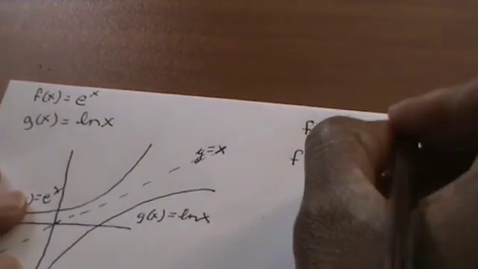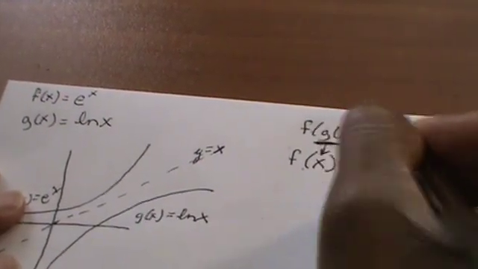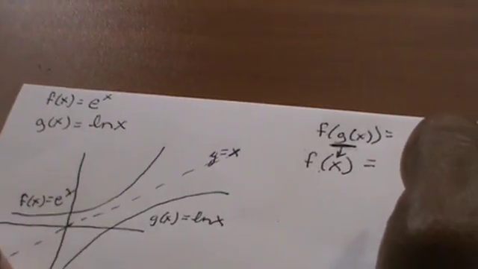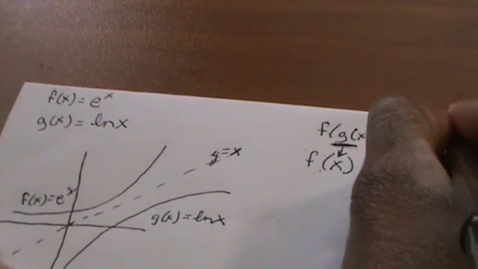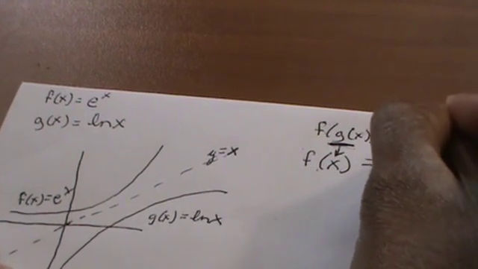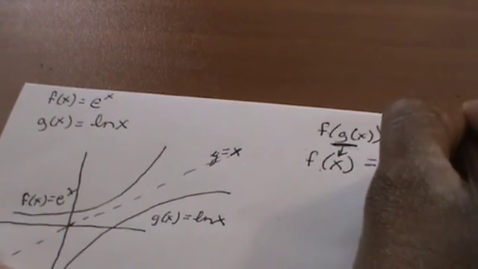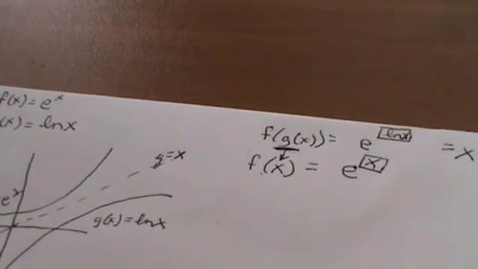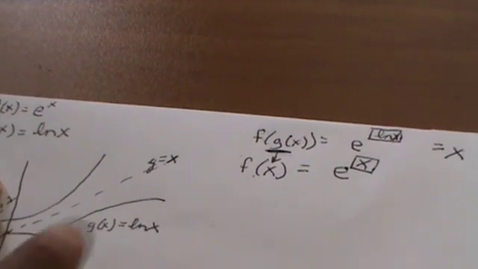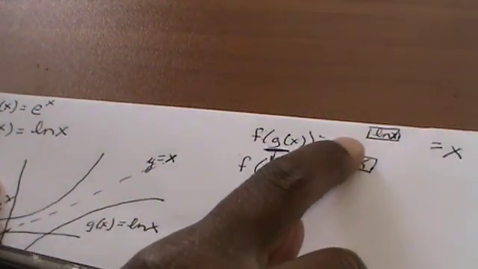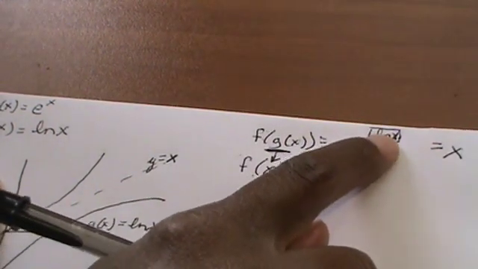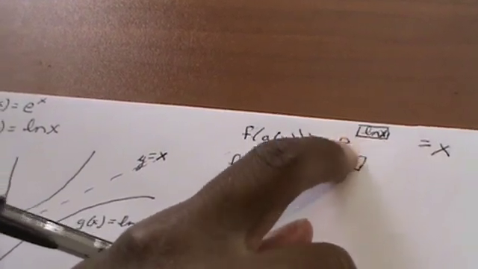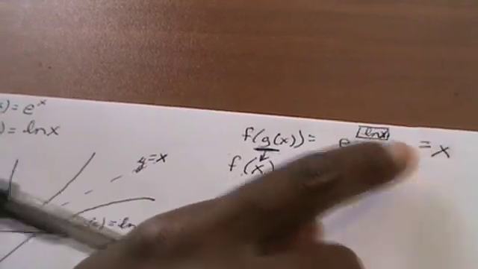This is e raised to whatever g of x was. If you look over here, you can see that g of x was the natural log of x. So this is e to the natural log of x. I want to look at this closely because you'll notice the e acting on the natural log gives you just your variable x. So e and natural log cancel each other out and just leave you with your variable.